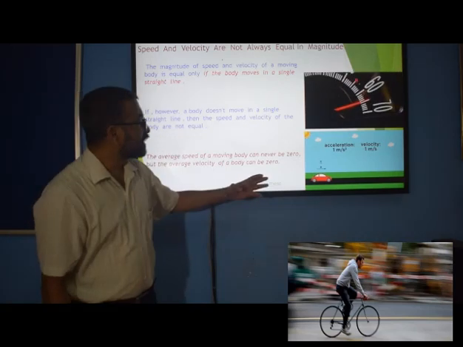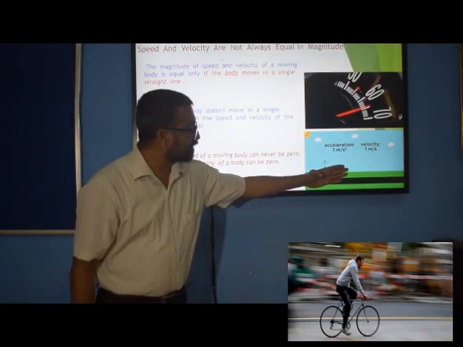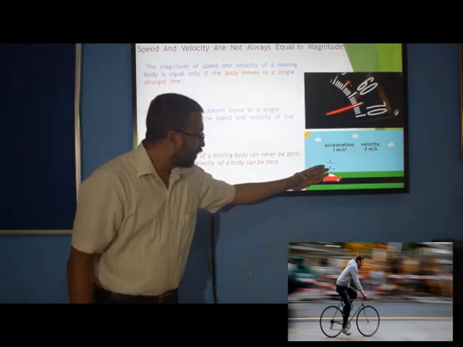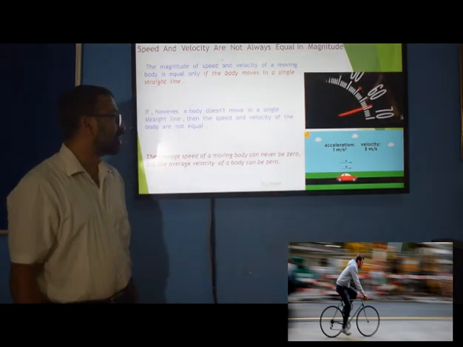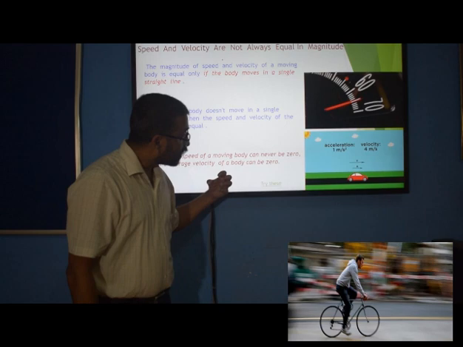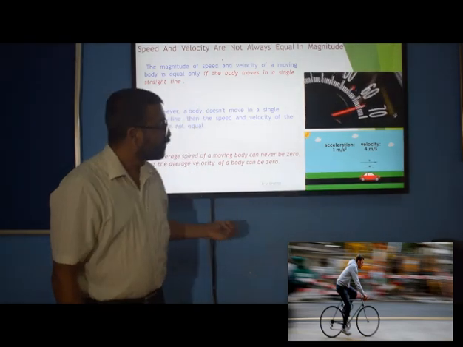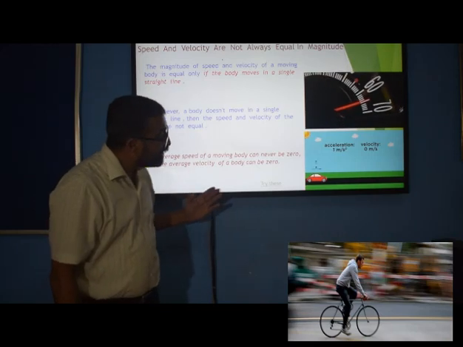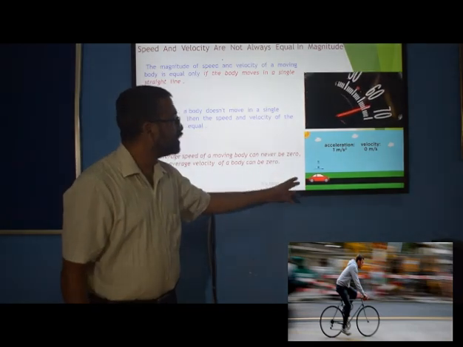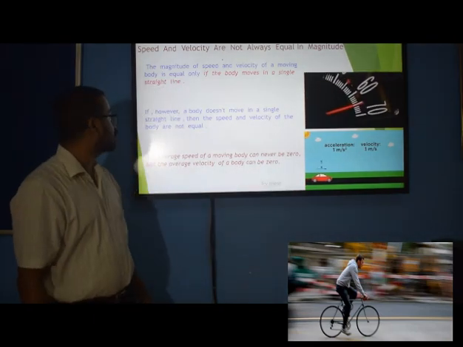If the body is going in a straight line and it is increasing its speed, its acceleration will be in the same direction. If a car is going in a straight line in a specific direction and its velocity increases, then velocity and acceleration will have the same direction.